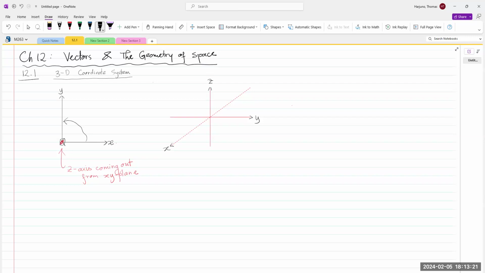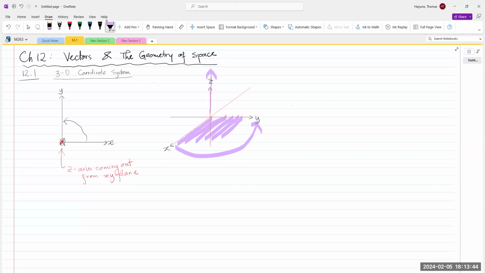Okay. Now, if this is our xy plane, notice that x goes to y in that direction, then the z-axis will jump out from that. Notice that it follows our right-hand rule.